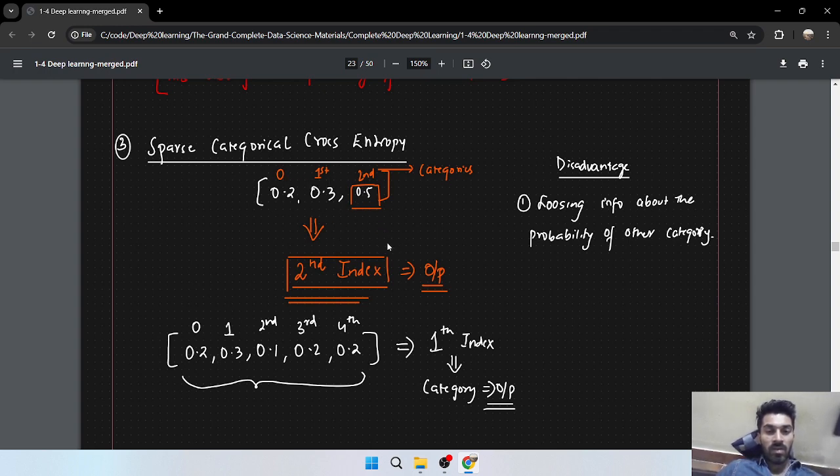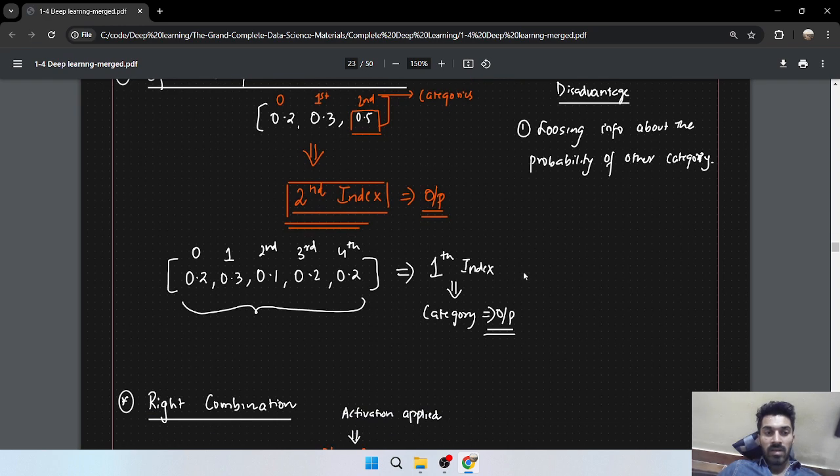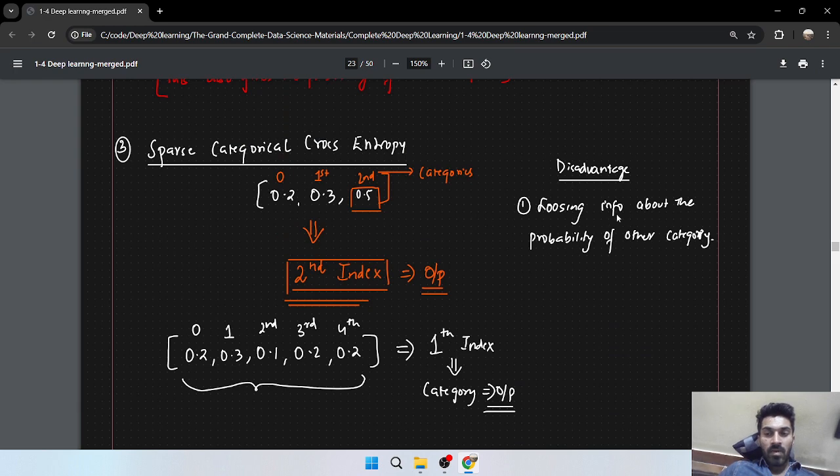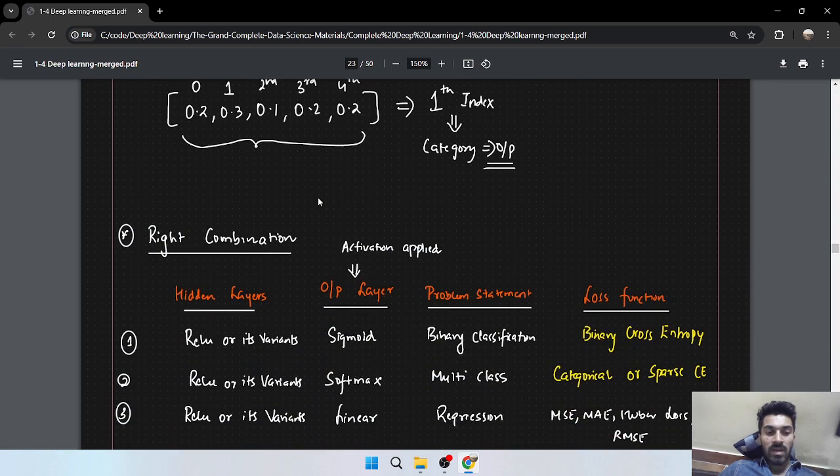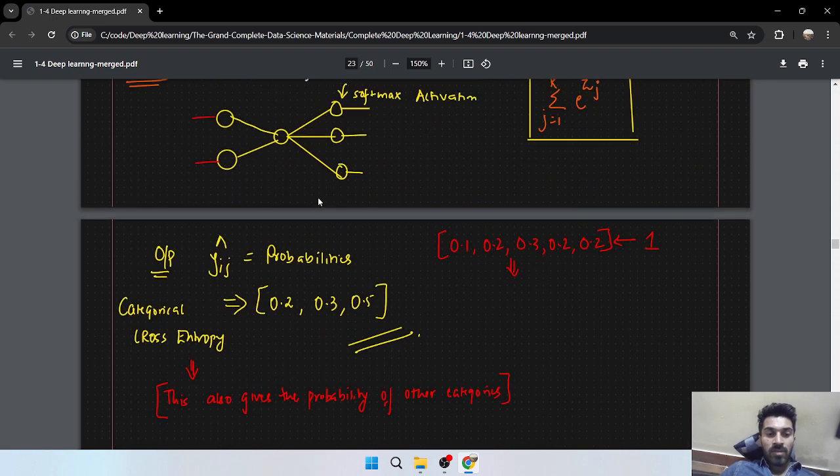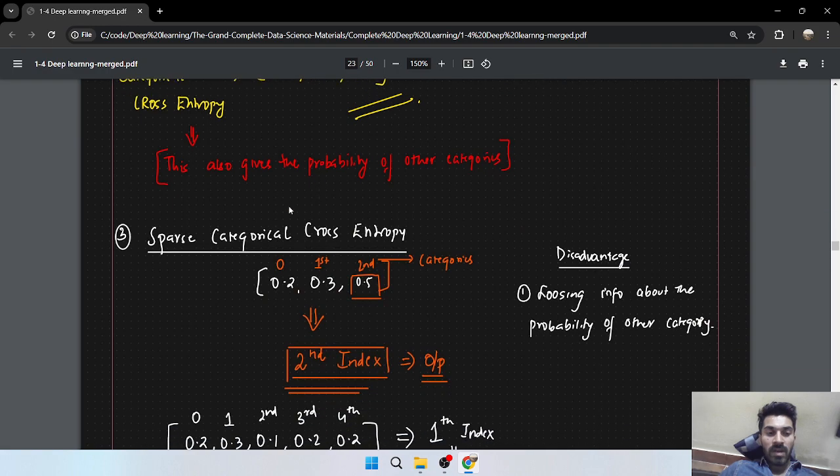This is your output, and losing info about the probability of other categories is a disadvantage of sparse. Okay, so if this gives probabilities like that, then we will take the highest probability, and the other probabilities we will neglect. So this is sparse categorical cross entropy.